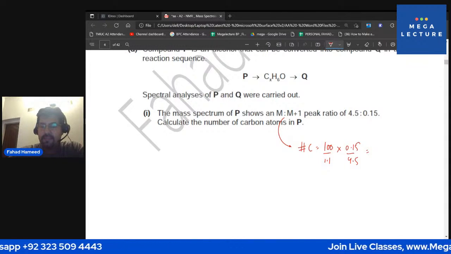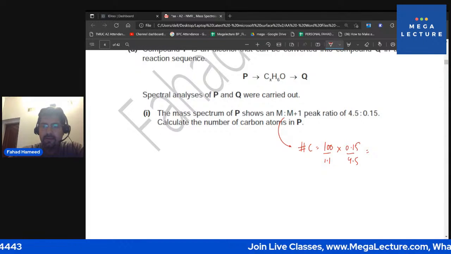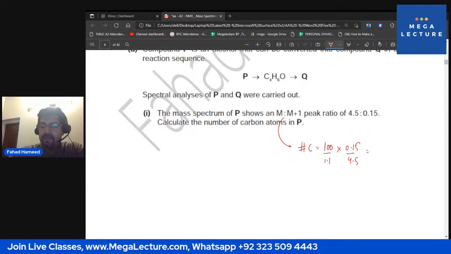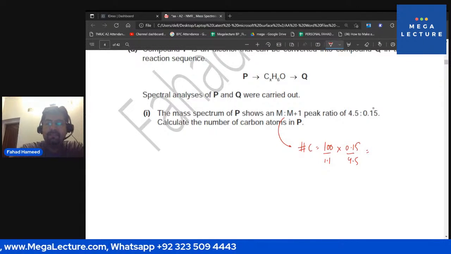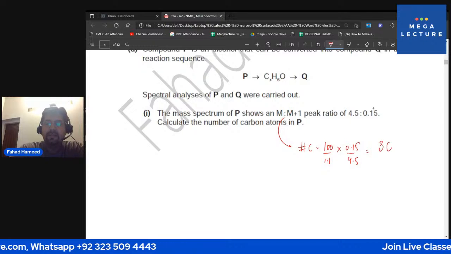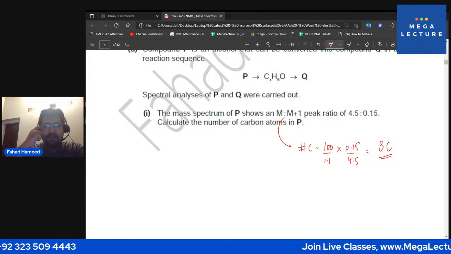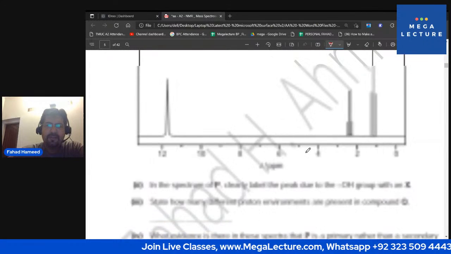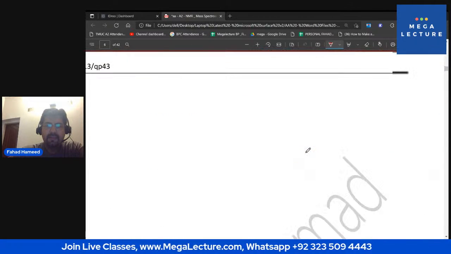That's 100 divided by 1.1 into 0.15 divided by 4.5. That gives me three carbon atoms. Most of this is not in your course, so ignore that. That's A2.